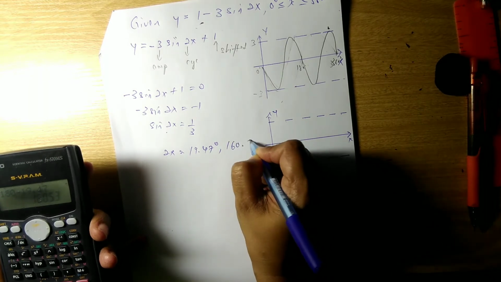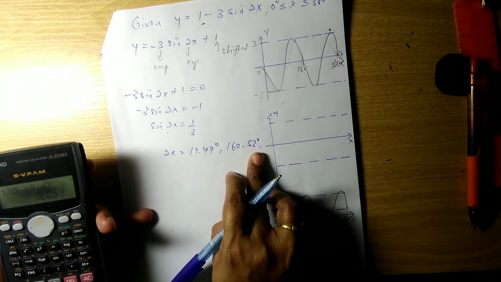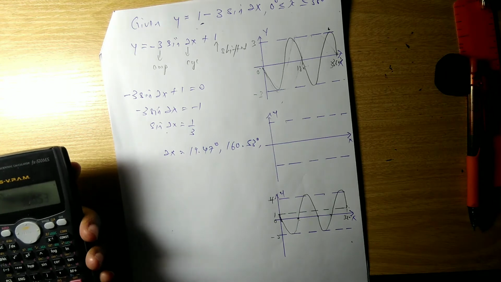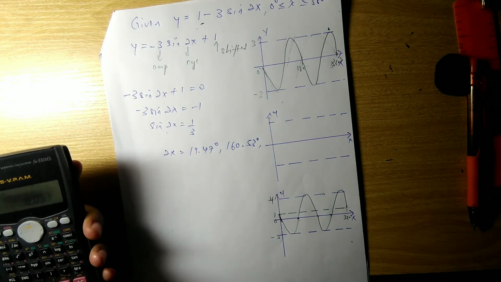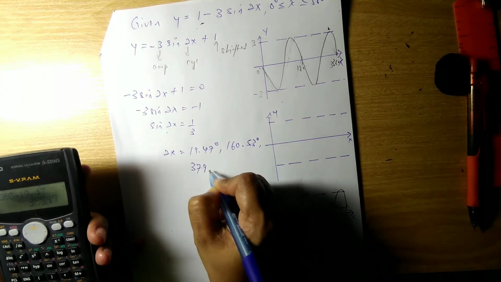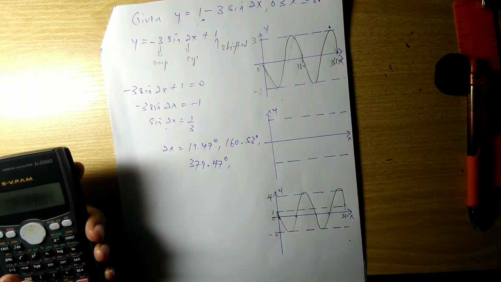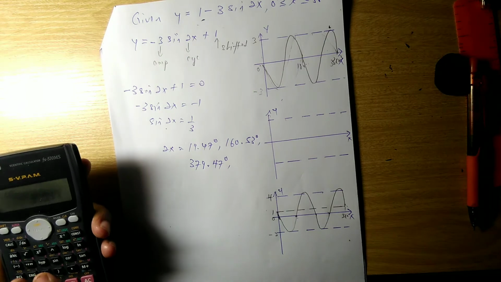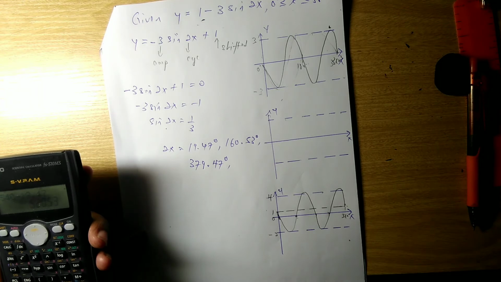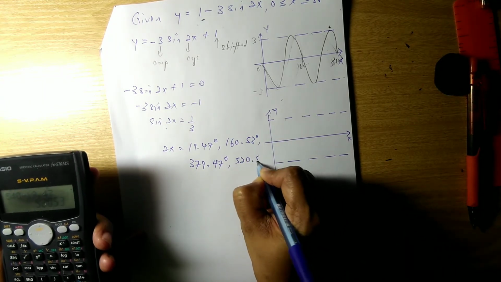The second cycle will be, we add 360 to 19.47, so you get about 379.47 degrees. Lastly, 540 minus 19.47, I get 520.53.